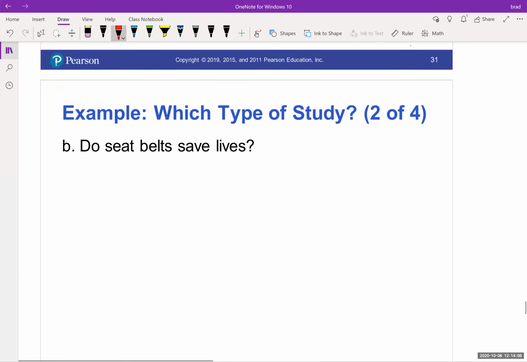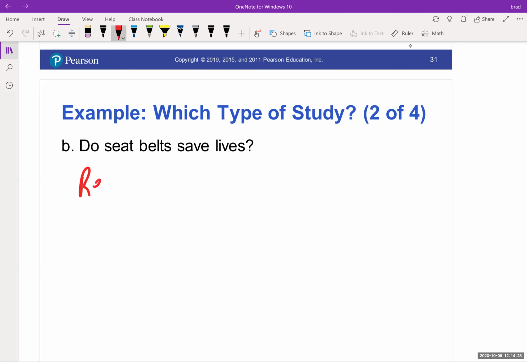Okay. Do seatbelts save lives? It's kind of hard to do an experiment with this one because you'd basically be saying, hey, some people get in a car accident and wear their seatbelt, and then some people get in a car accident and don't wear their seatbelt. So we kind of can't do that. So we would have to do a retrospective study.